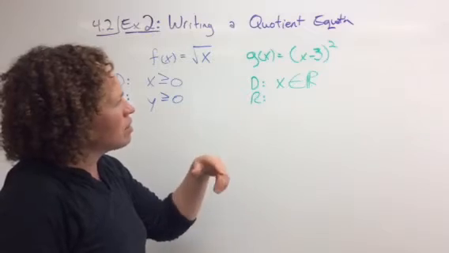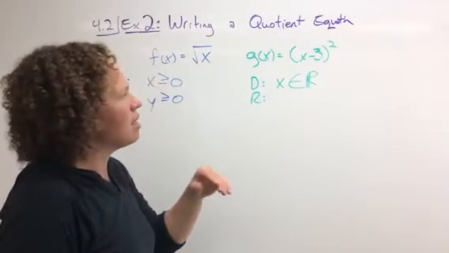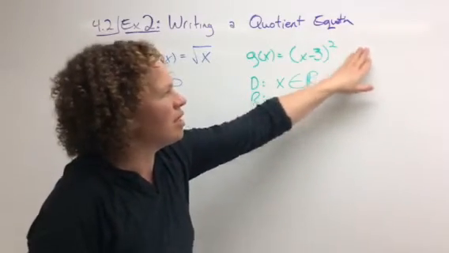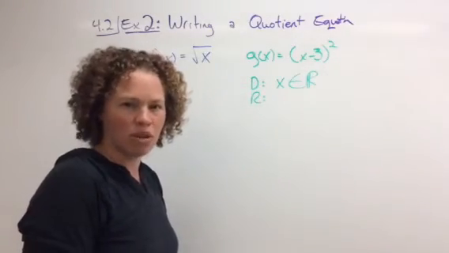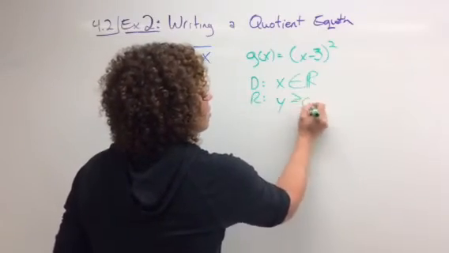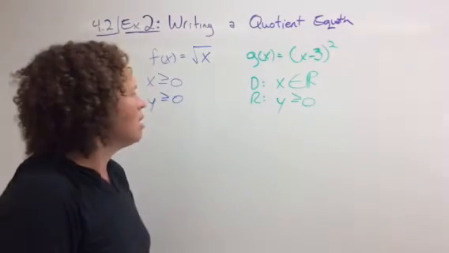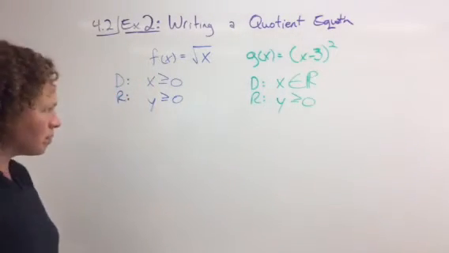The range is going to be limited by where the vertex is, and in this case, it hasn't been moved. There's no number here, so it hasn't been moved up or down, which means the range is y is greater than or equal to 0 because it's still sitting on the axis. So we've got those out of the way.